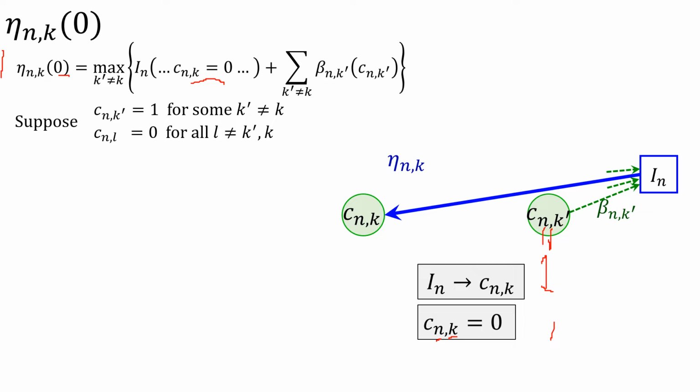This means that the point n corresponding to this row, the nth row, has picked k prime, some k prime, to be its exemplar. This Cnk equals 0. So this is our situation. And for all other points L, the Cnl is 0.